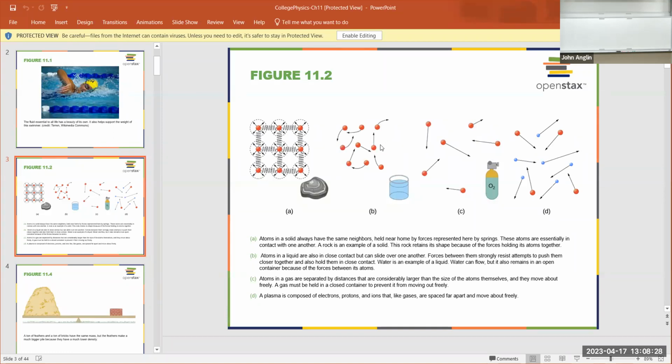So this is your liquid where you have some fluid, let's say this is water. Each of these dots represents a molecule of that substance. Water is 2 hydrogens and an oxygen together, so each dot might represent that combination.